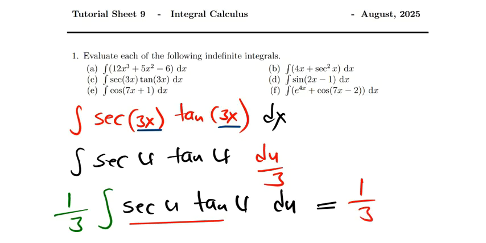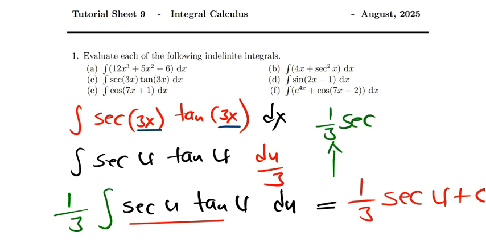Is secant of u. Okay, that is the integral rather, of that. So that is plus c. Now, you know that the u was just 3x, plus c. That's how you integrate it.